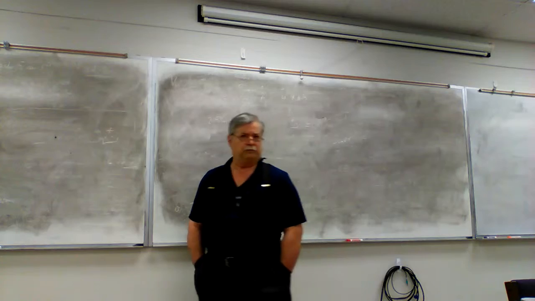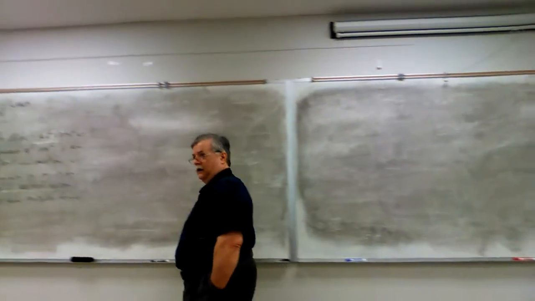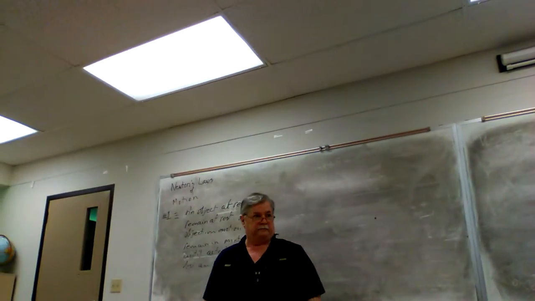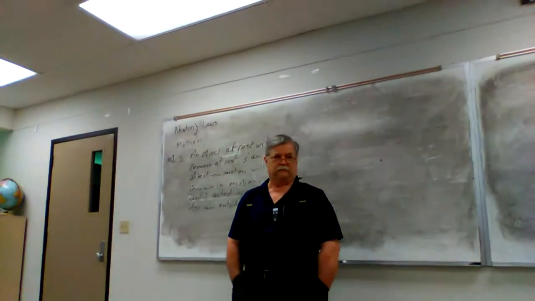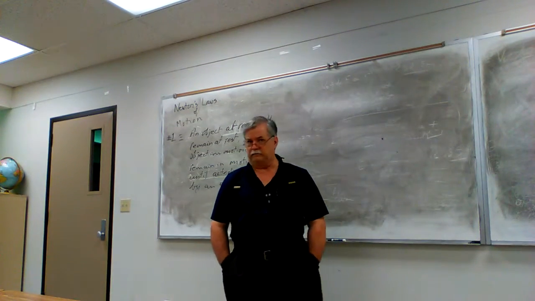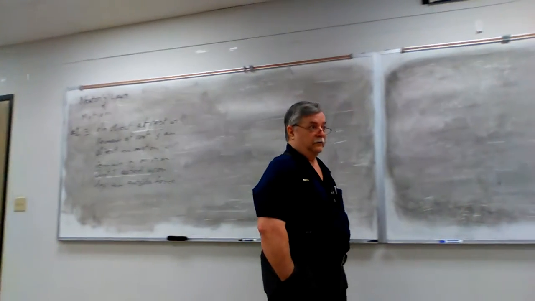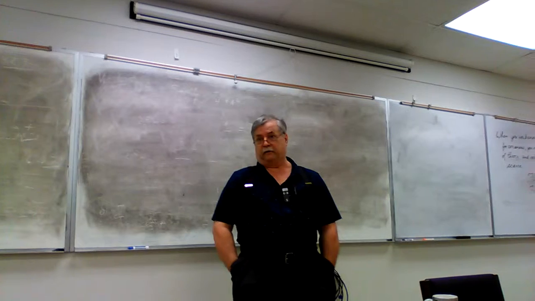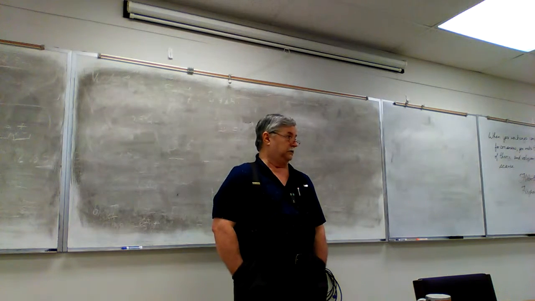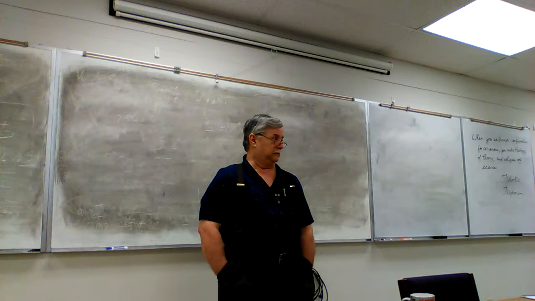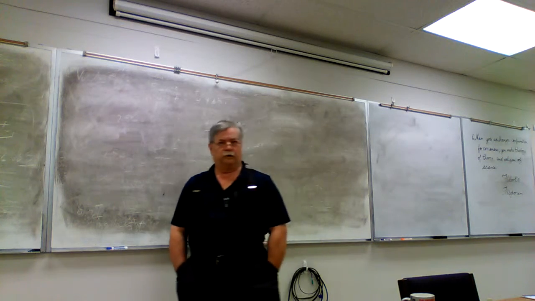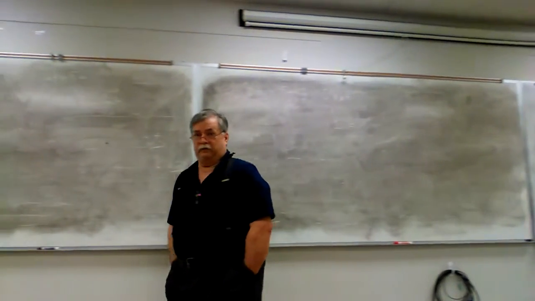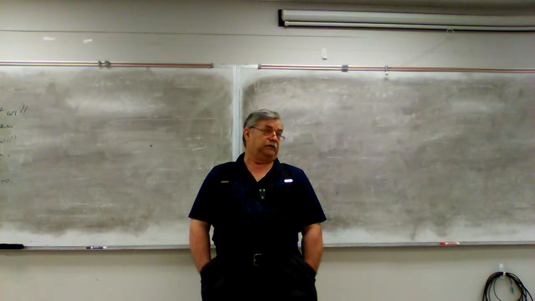What's the difference between a metric ton and a normal ton, or an SAE ton? A metric ton is 1,000 kilograms, which on Earth would be 2,200 pounds, a little over. So the difference between a metric ton and a regular ton is 200 pounds.